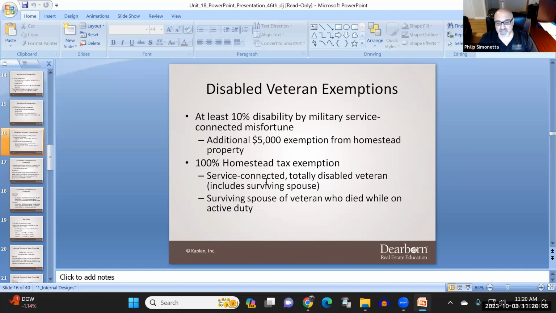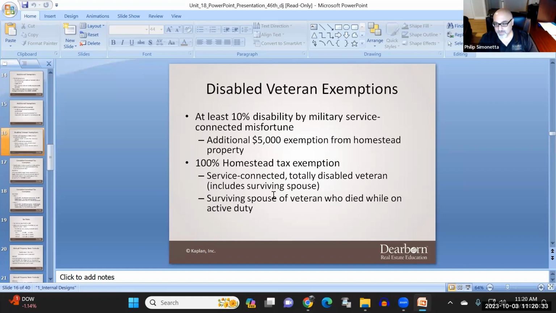If they're a service-connected, total disabled veteran, so if they have 100% disability from the VA, or they die, it includes a surviving spouse, 100% exemption. And also the surviving spouse of veterans who died while on active duty. If they died in active duty, their spouse has 100% homestead exemption.